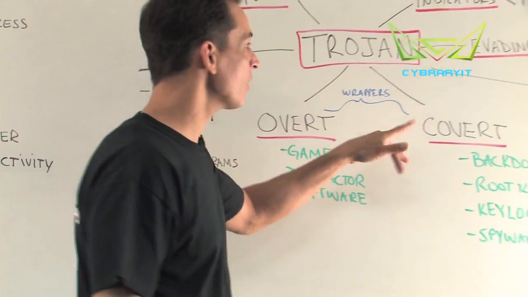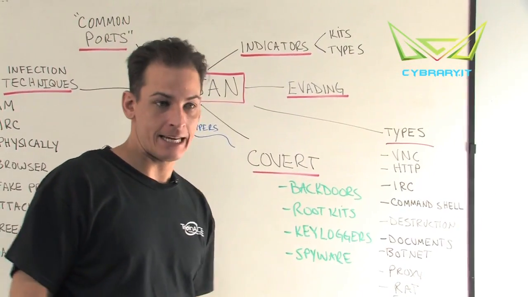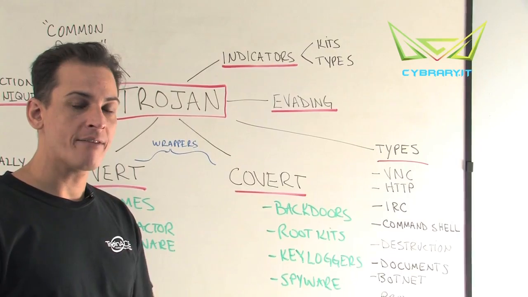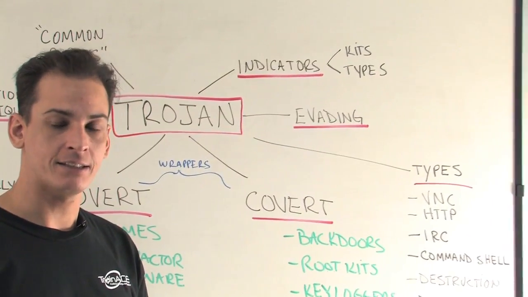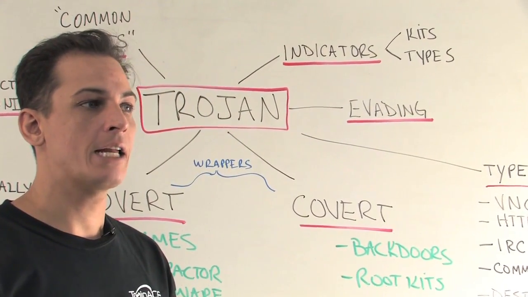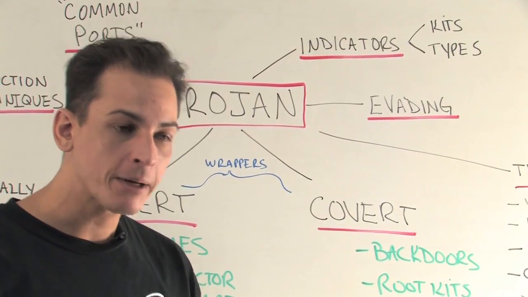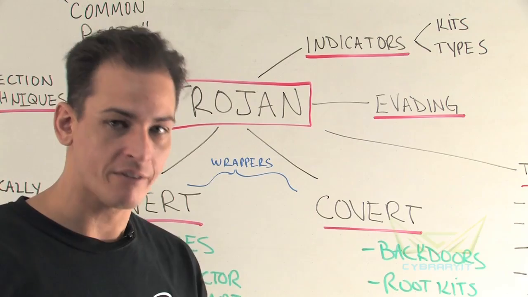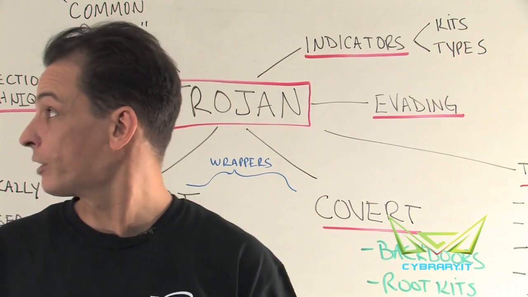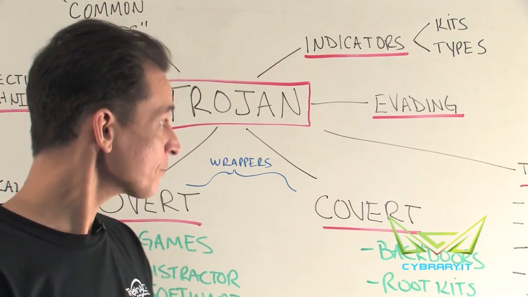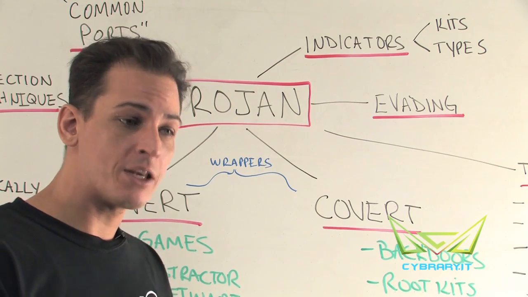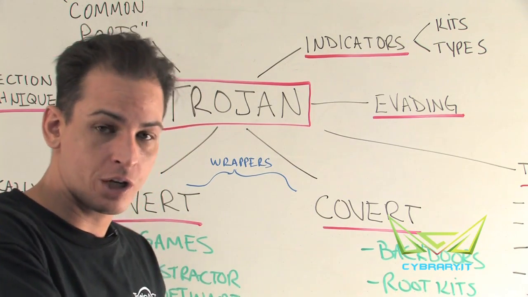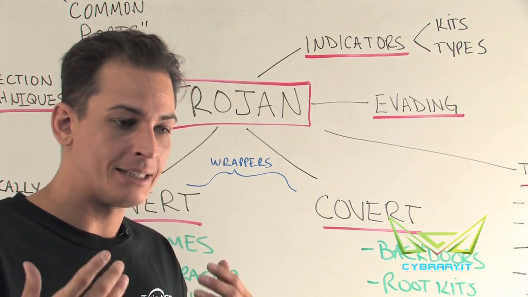So then we can go into the different evading techniques. Well, this is kind of where you have to think both offensively and defensively. If you understand how system administrators or network administrators try to defend against Trojans, and we're going to cover that lastly in terms of countermeasures and detection, then you can understand how to get your Trojan in without being detected.